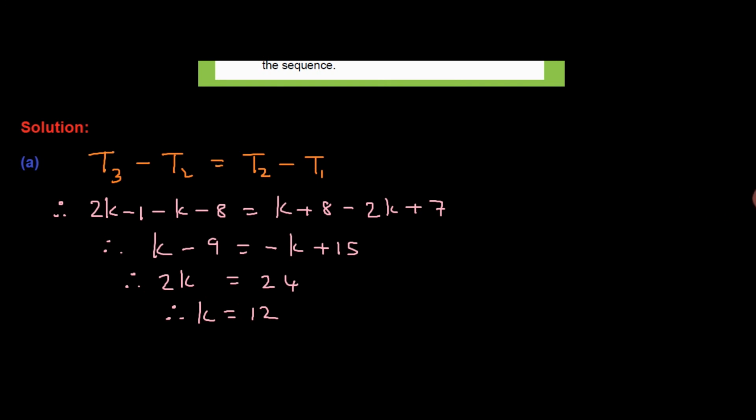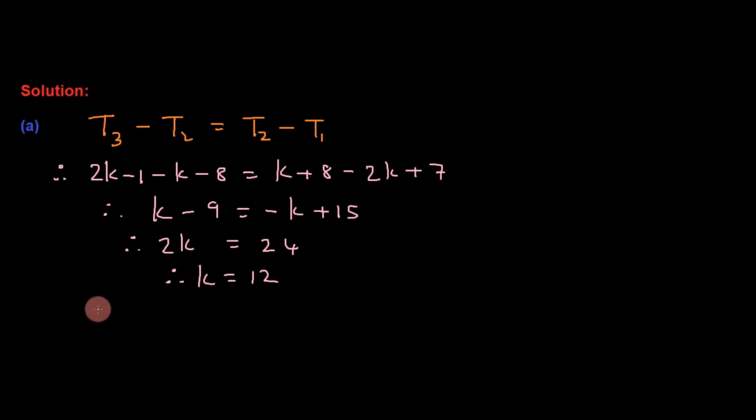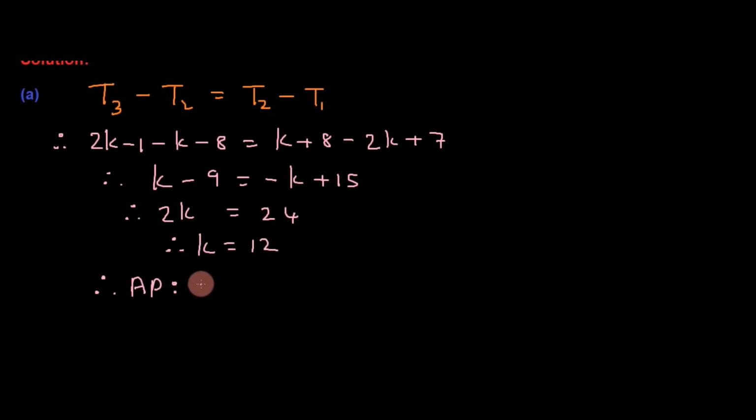Now we can write down the numerical values of these terms. So we have an AP, and the first term is 2k minus 7, so it's twice 12 minus 7, which is 17.